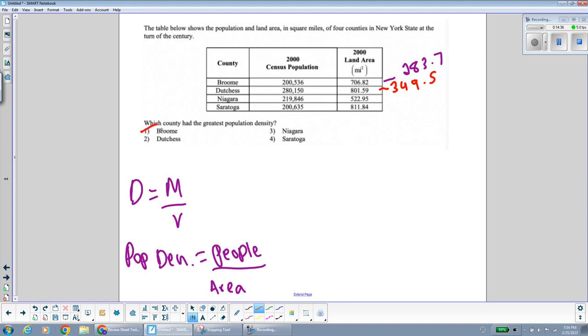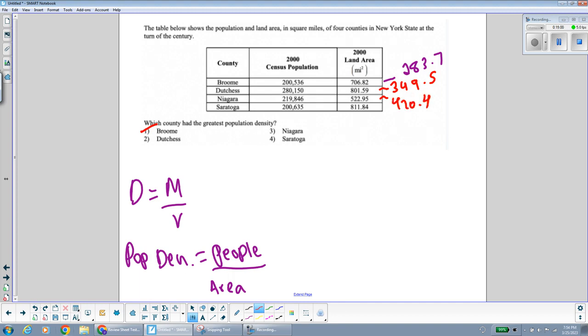Okay, for the second one, 280,150 divided by 801.59. And I got approximately 349.5. So already this second one has a bigger population density than the first one. So answer choice 1 is out already. Let's move forward to the next one. 219,846 divided by 522.95. And that is approximately 420.4, my bad. 420.4.